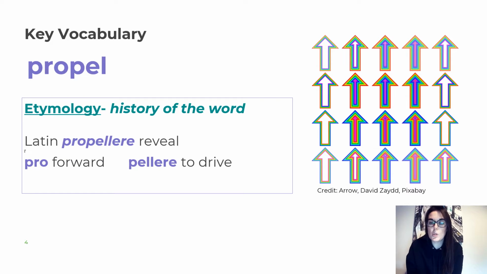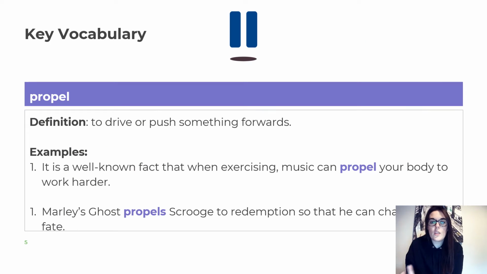Okay, so that's going to be an important part of today's lesson. So the actual definition is to drive or push something forward. So for example, when exercising, music can propel your body to work harder. But in this case, the thing that I'm interested in is that Marley's ghost propels Scrooge to redemption so that he can change his fate. So the role of the ghost within the novel is to propel Scrooge's redemption forward.